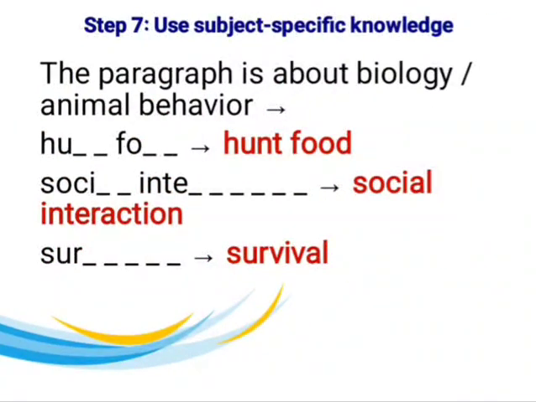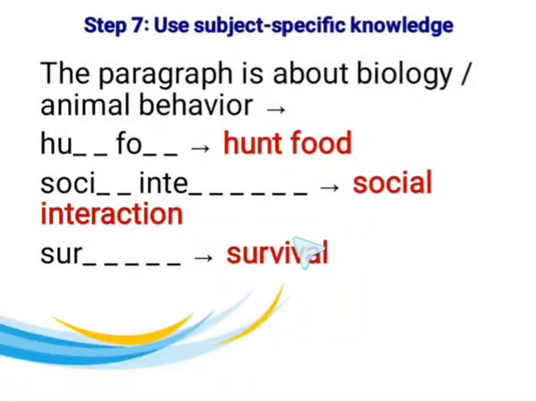Step number 7, you can use your subject specific knowledge. For example, it's about biology, and for that you have to understand that in the forest or maybe in the jungle, animals would hunt something for food. They hunt food. For example, social interaction. There will be some limited sort of social interaction.